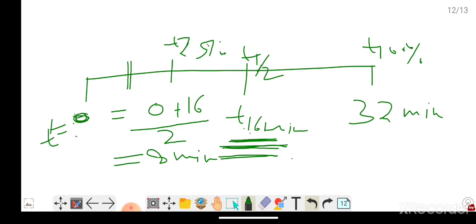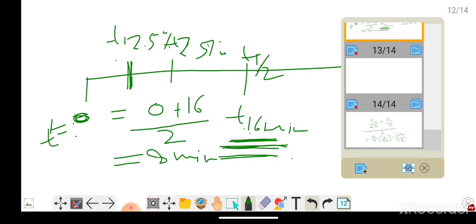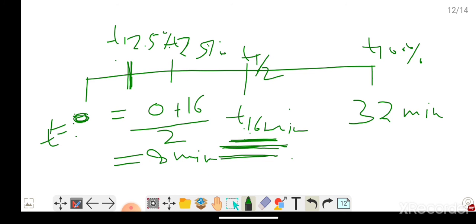So in this way, if we want to calculate T 12.5%, meaning half of 25, this will be 8 minutes plus 0 by 2, which means 4 minutes.